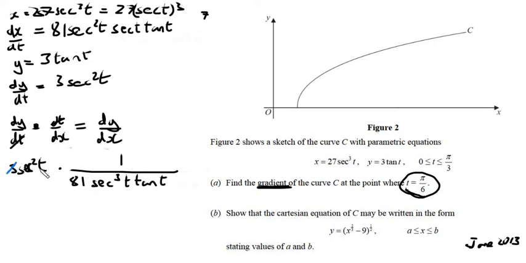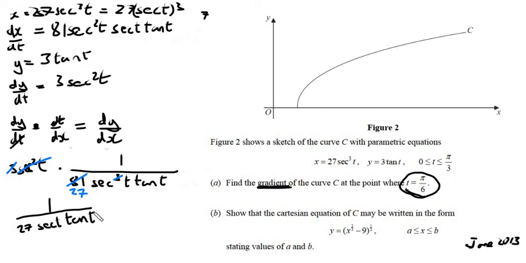Obviously the 3 can cancel out with the 81 to give us 27, and the sec squared t can cancel out with the sec t. And this is going to give us 1 all over 27 sec t tan t.